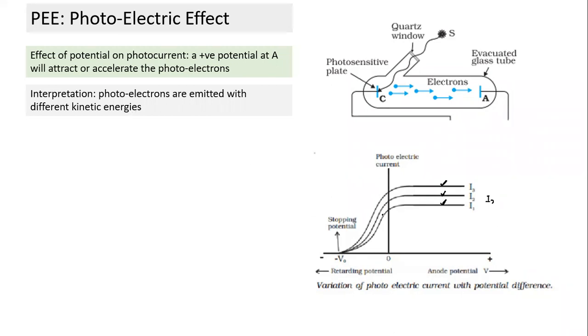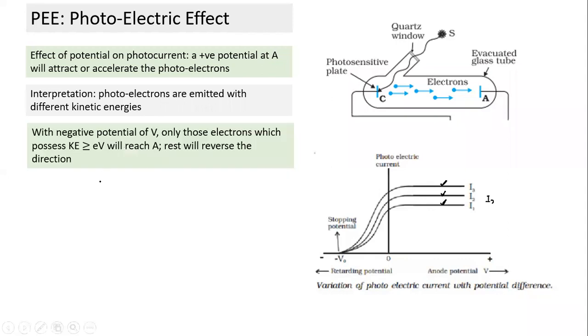That's why with different retarding potential, I get different values of current. With negative potential of V, only those electrons which have kinetic energy greater than eV will reach A. The rest will reverse their direction.